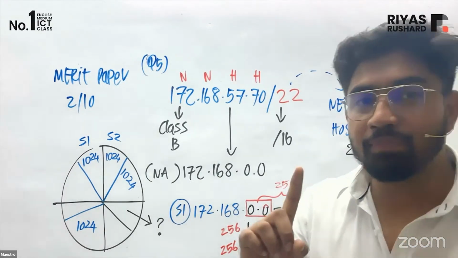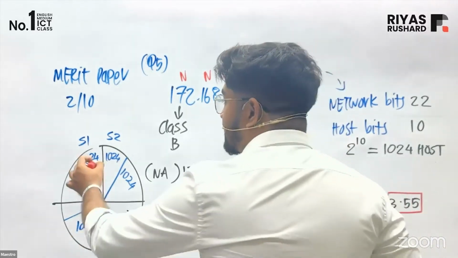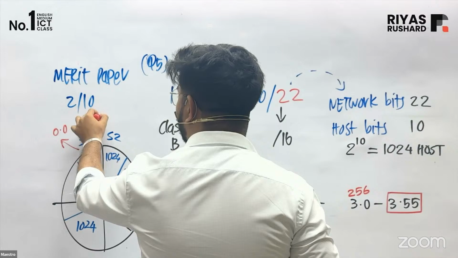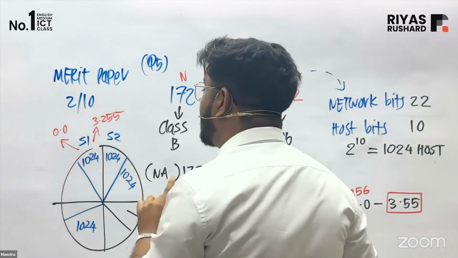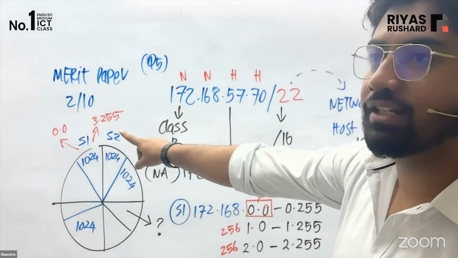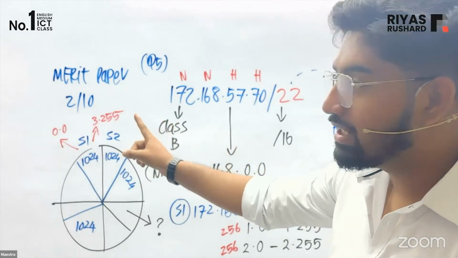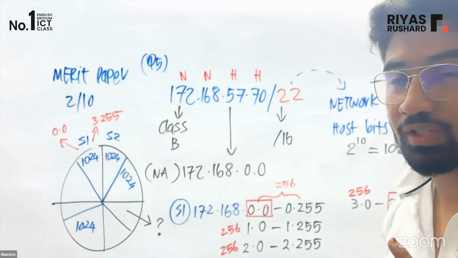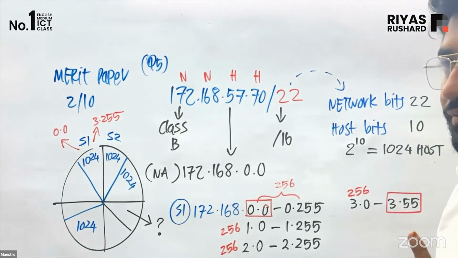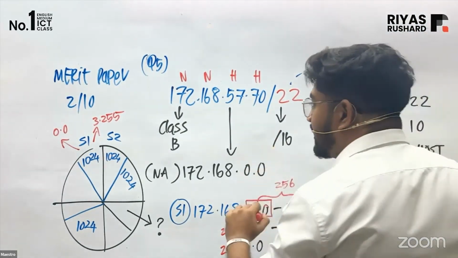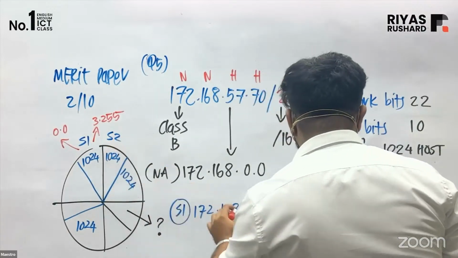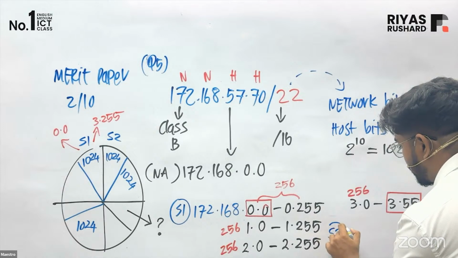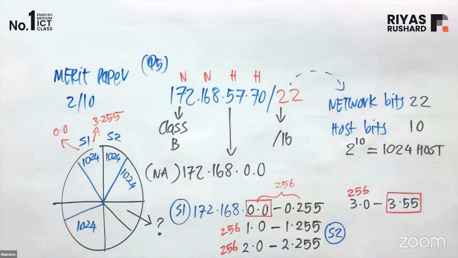So subnet number 1 starts from 0.0 and ends in 3.255. My next question is, what about subnet number 2? Use your brain and tell.